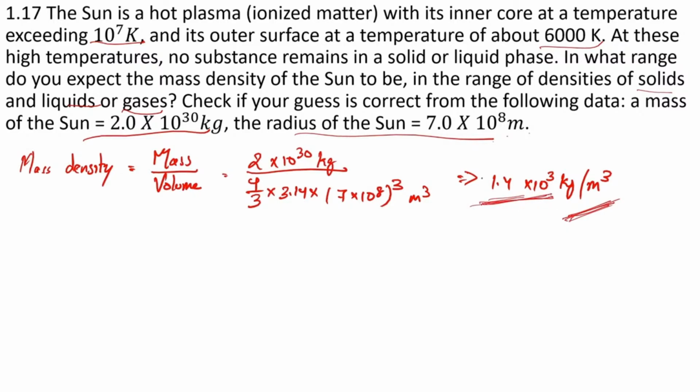So based on this data we can say that this is absolutely not gaseous. Also this question says that at this high temperature nothing is solid or liquid, but everything is gaseous.